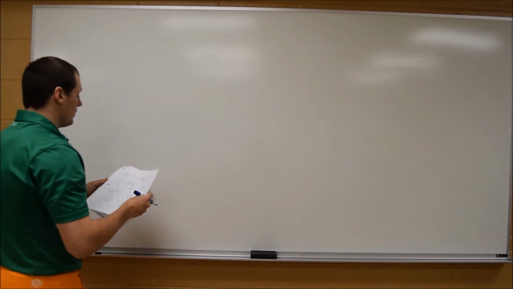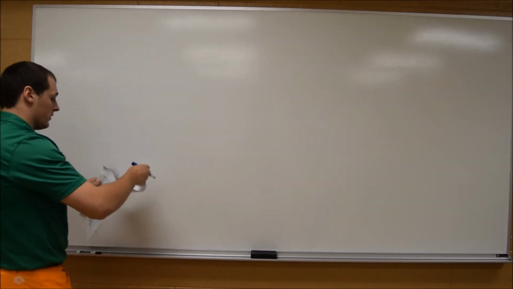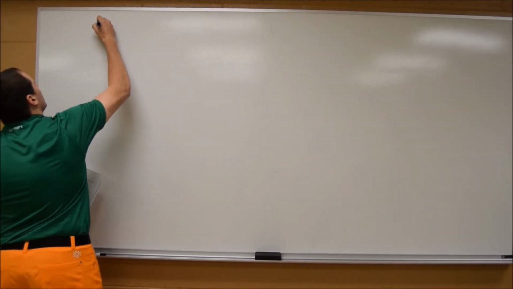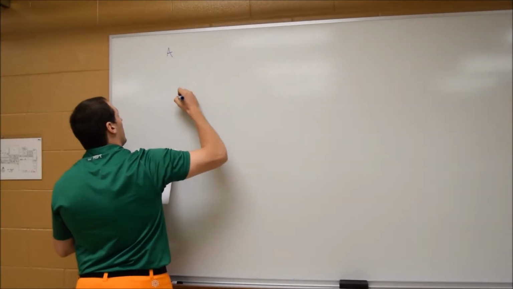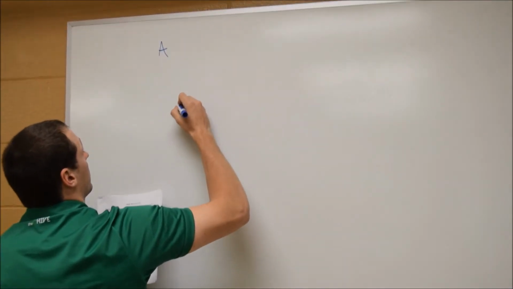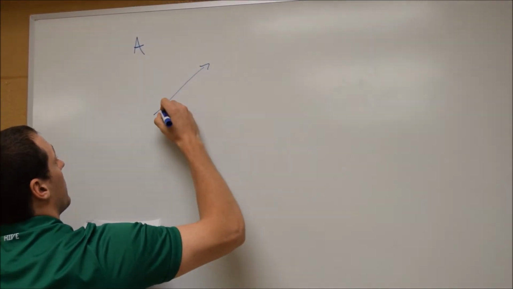So the first problem here, we have a vector, our vector A, that is 50 newtons at 27 degrees. So it's going to look something like this here.